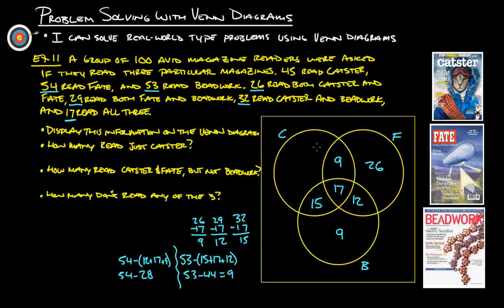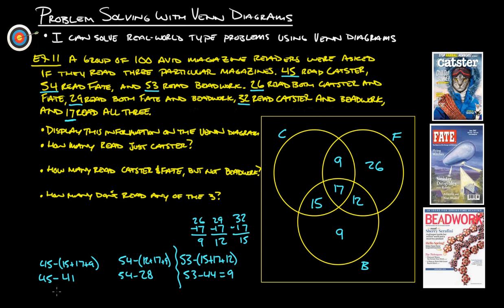Okay. And then the last one up here, 45 read Catster, so there should be 45 total in there. So we'll do 45 minus these other 3, 15, 17, and 9. That's 32, plus another 9 is 41.